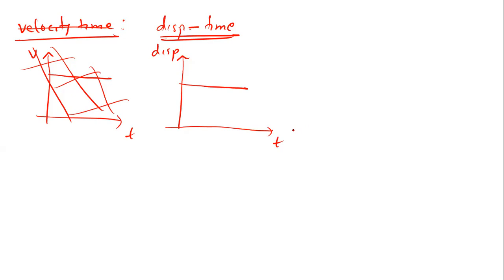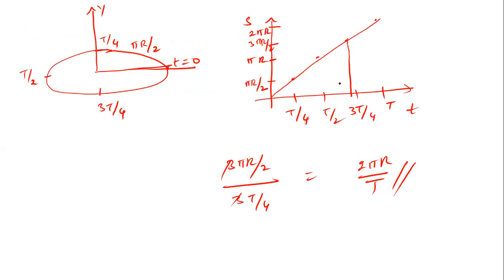Okay, let us say I want to take up a case study like this. I have a circular motion, and I am starting from here at t equal to 0. How do I draw a displacement time graph for this particular thing? Now it depends upon the observer. In the previous case, the observer was at the perimeter.